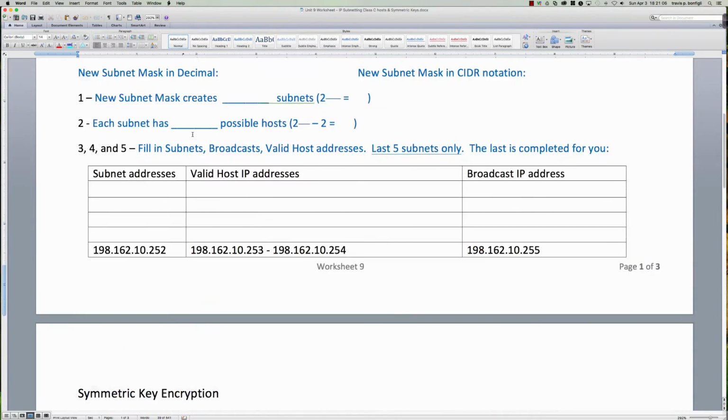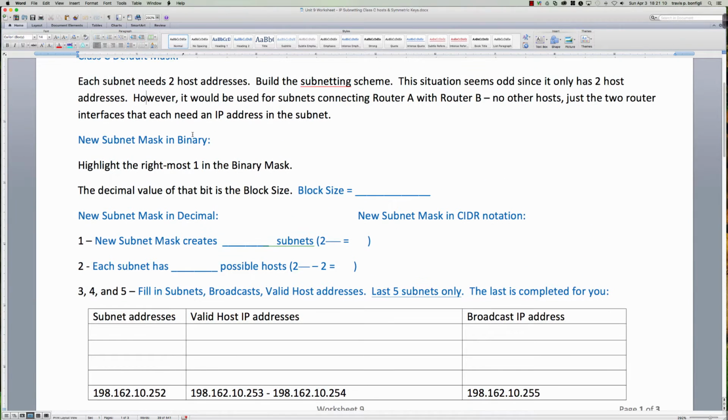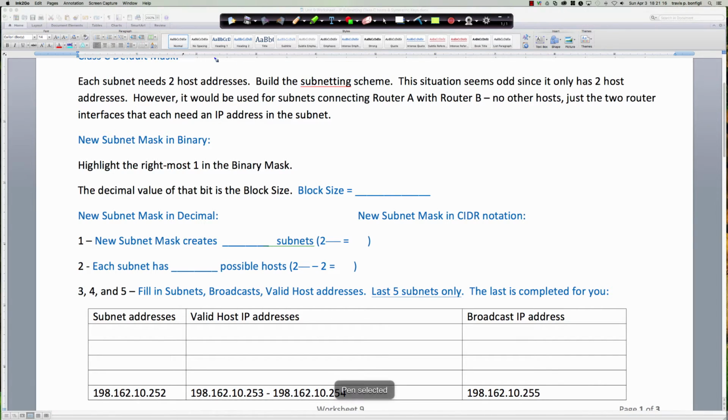So we'll bring it down to right here where we can start to do some writing. We're talking about the default mask being a /24, but we've got a requirement here. Each subnet needs two host addresses.